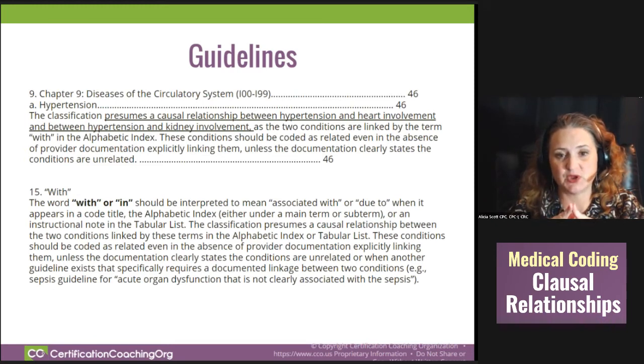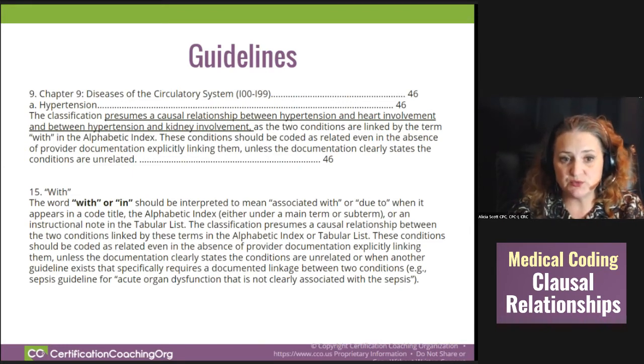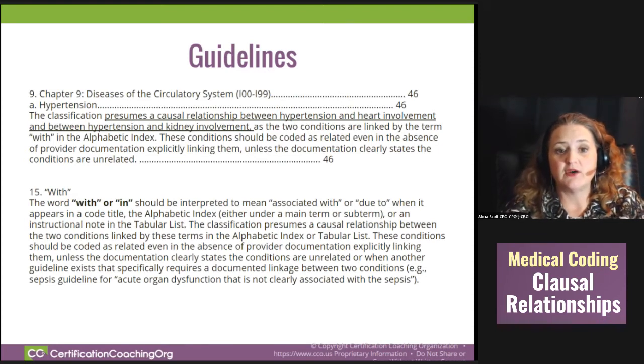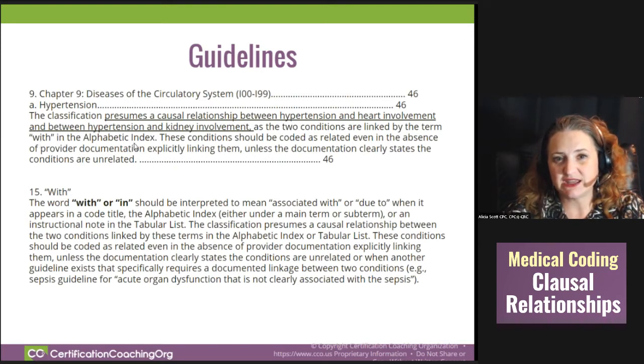Right? And this is also stating for hypertension for causal relationships, you're going to assume that causal relationship with hypertension and CKD, okay? And then it says they're linked with the term with in the alphabetic index.